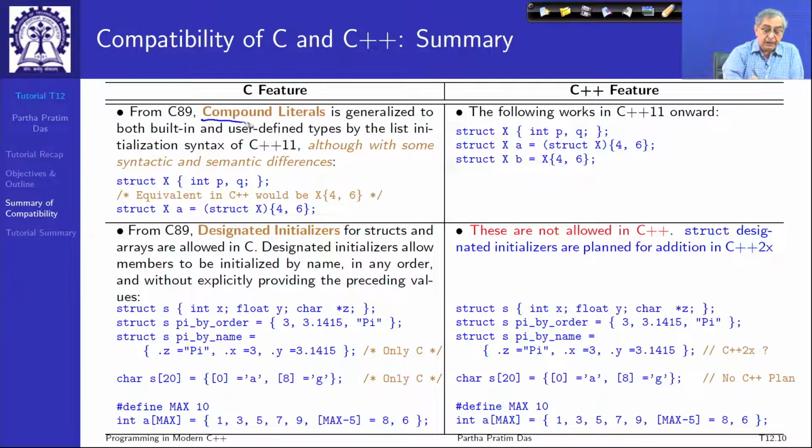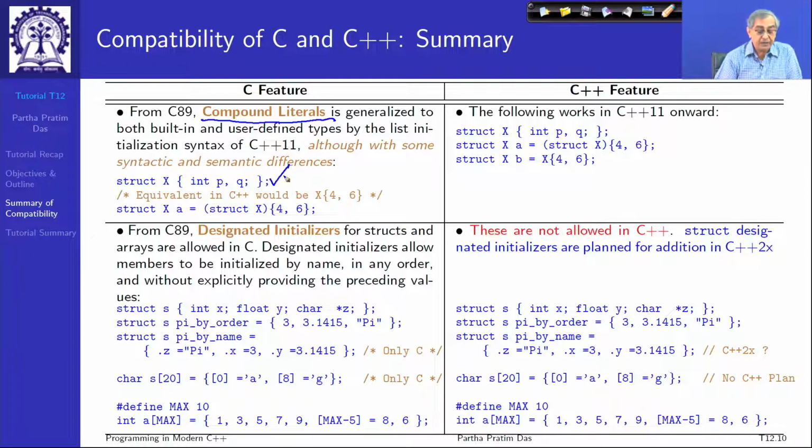The compound literal. Compound literal means, literals like 5, character constant a or true are simple literals. Compound literal is where we have more than one component. Typically they occur in terms of structures.